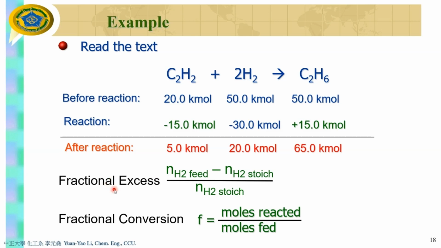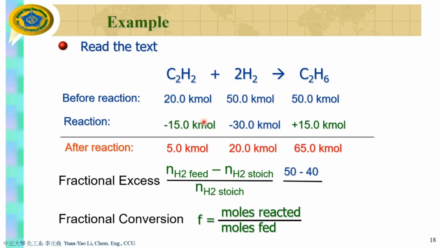And if I want to ask you the fractional excess, this is the question. This is the equation, right? So could you please tell me what's the number of feed, minus what? Stoichiometry minus what? And divided by what? Can you tell me? You feed 50 kilomoles, right?